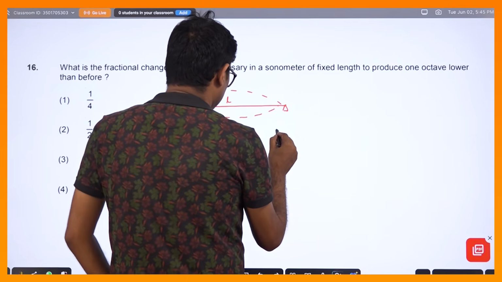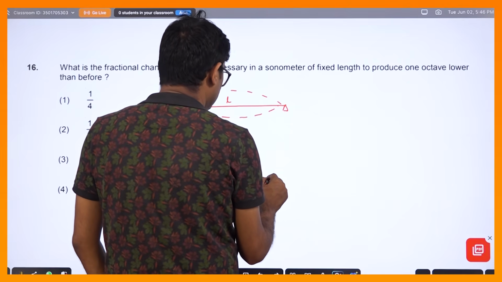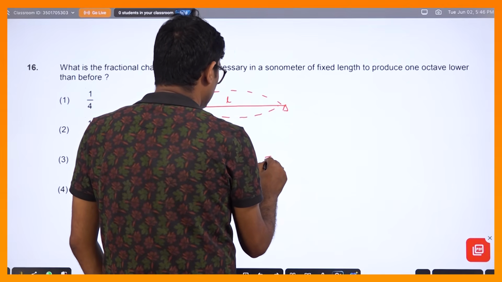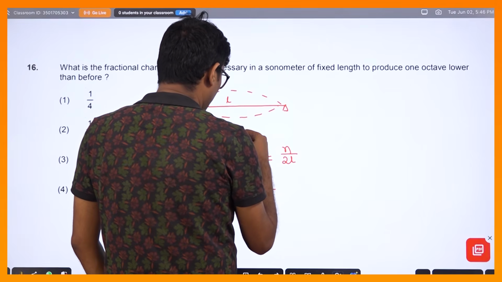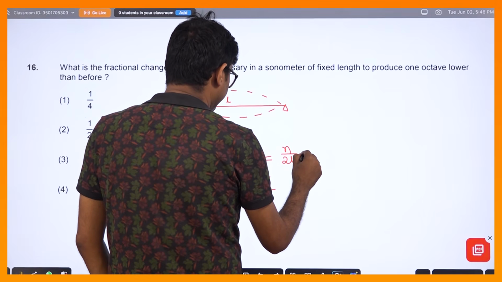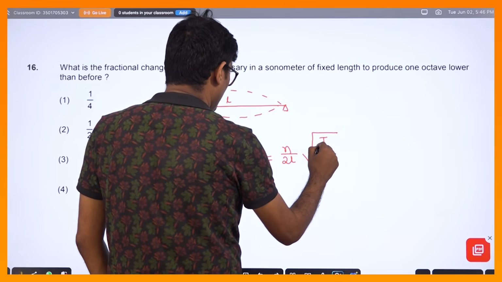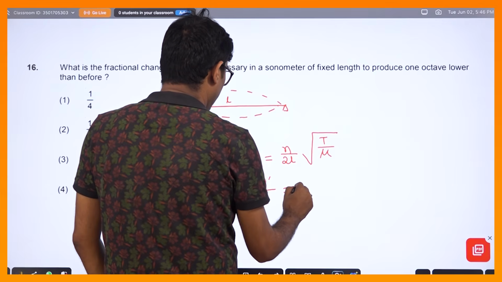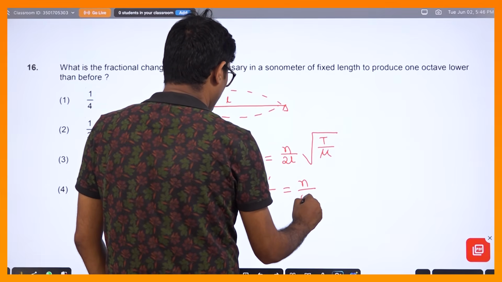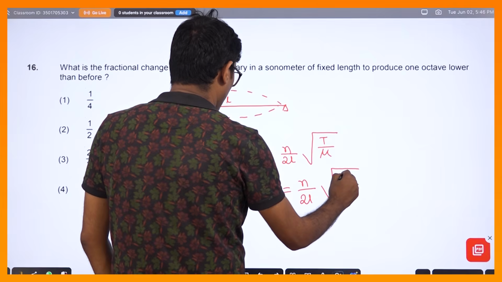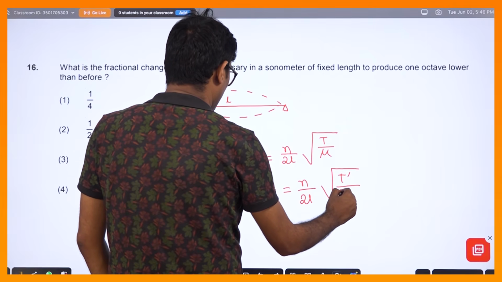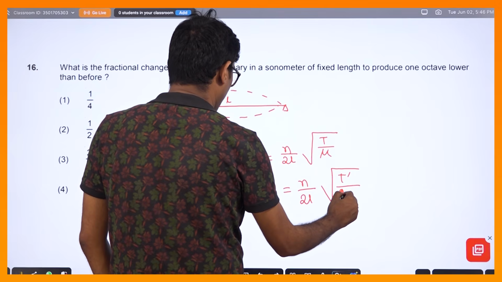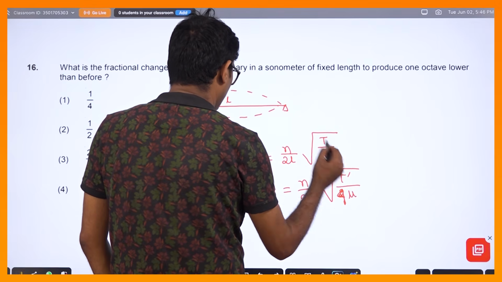I know that the velocity is equal to root T by μ, so the frequency is n/2L root over T by μ, and the new one is n/2L root over T' by 4μ.